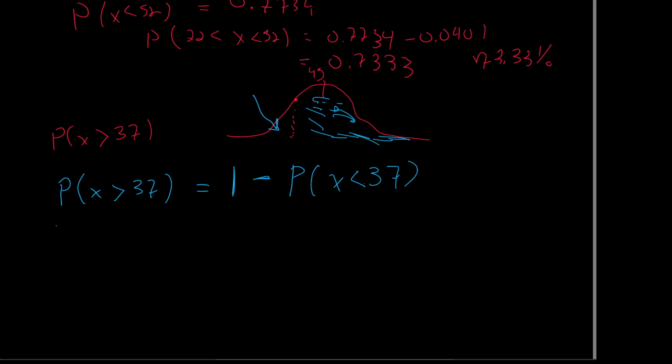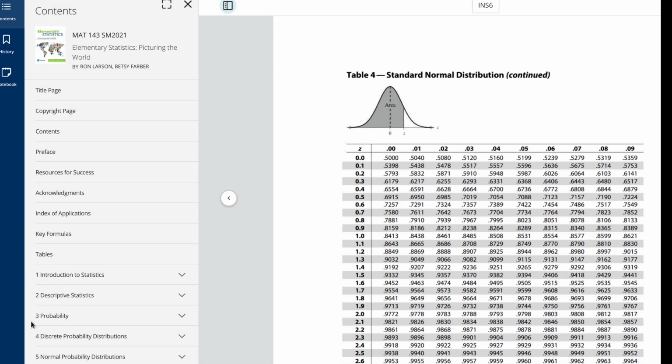And so we're going to do the same thing. We're going to find the z-score. So the z of this is 37 minus 43 over, what was our standard deviation, 12. And let's see here, that is negative 0.5. So what I'm going to do is find the negative 0.75.